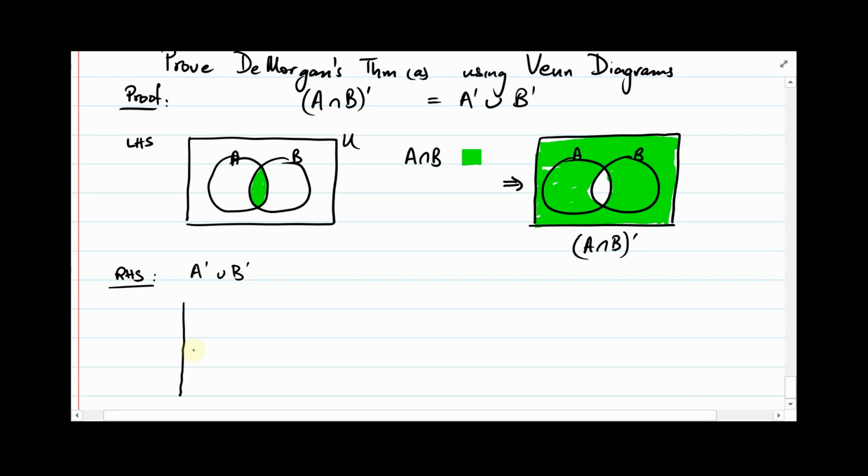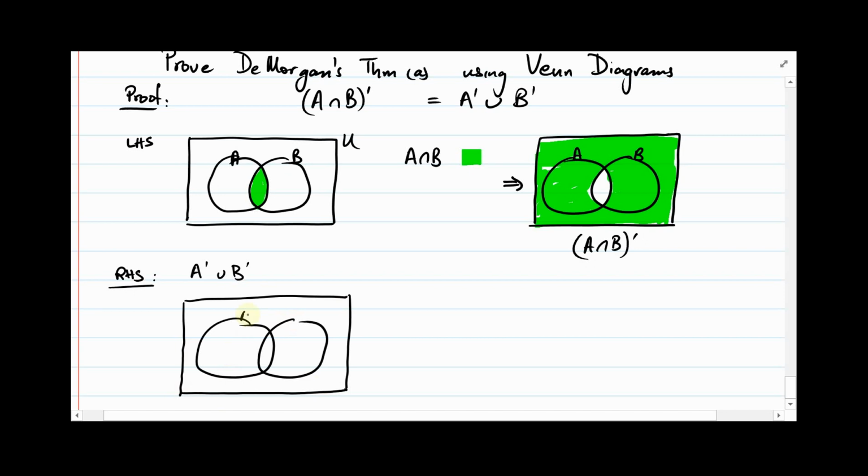Okay. Again, starting off with that Venn diagram. Let's make a key since there are two separate terms. So here is set A, set B. I am just going to use the complement of A, we'll put in blue, and the complement of B, we will put in a different color.